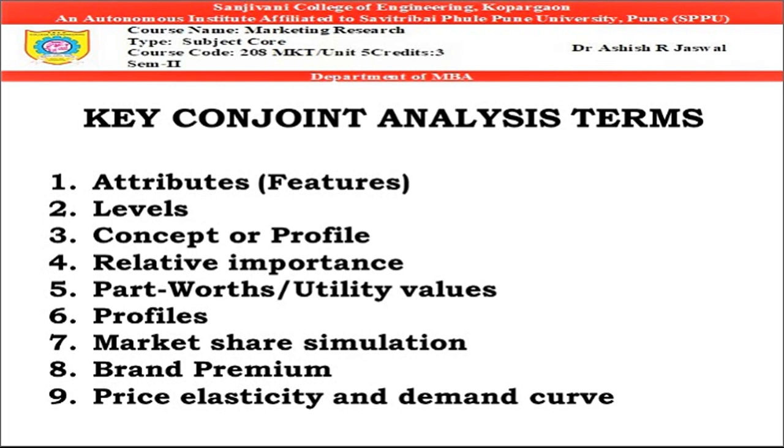Moving to the fifth term which we should be aware of, called part worths or utility values. It is nothing but how much weight an attribute level carries. Like what we have given as relative importance to a laptop, we can also give a weightage to each level of an attribute. For example, take brand: if you give weightages, the one with the highest would have the highest weightage and the others would have lower weightage.